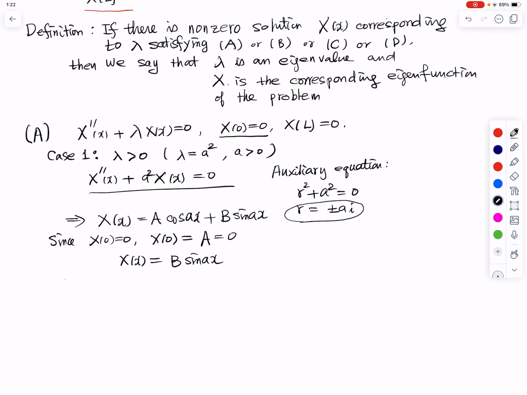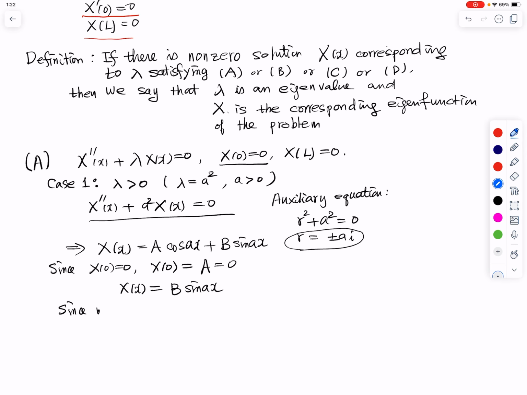Since we're looking for a non-zero solution, we want to get an eigenfunction, so x is a non-zero solution, which implies b cannot be 0.